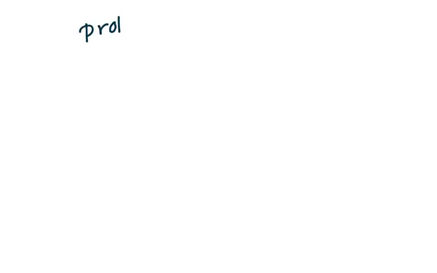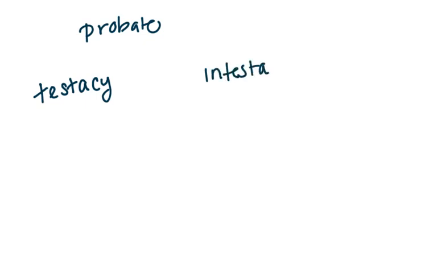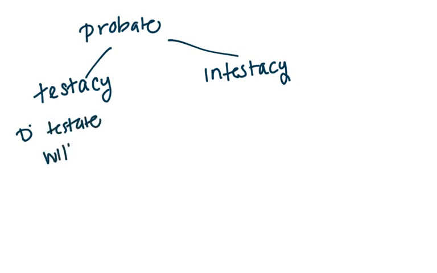Within the probate process, property can pass either through testacy or intestacy. If we say that the decedent or the property is testate, that means there is a valid will that governs the property, and so we look to the terms of the will to decide who gets what.